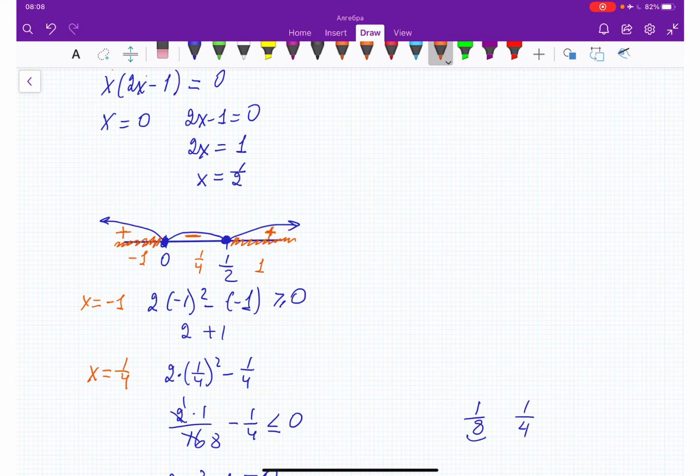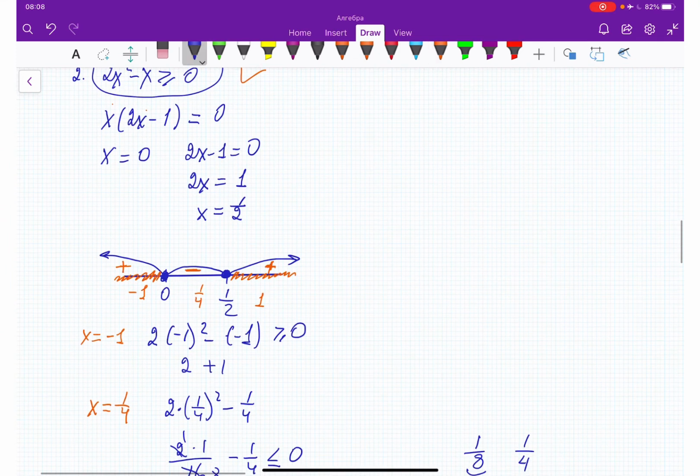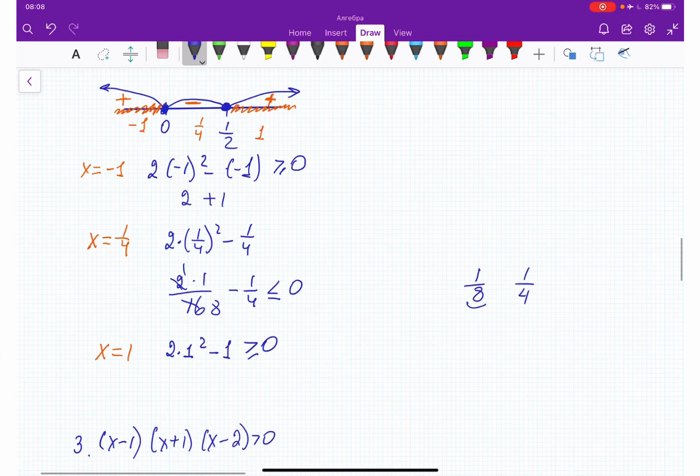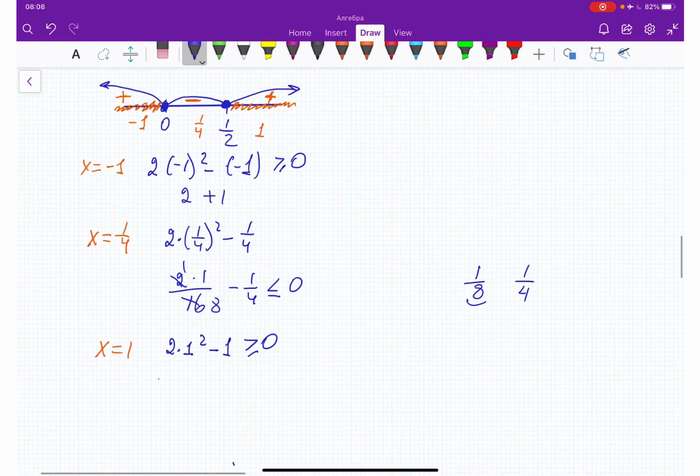This is going to be the solution. If I write it down in the format of interval, it's going to be x is less equal 0, and x is greater equal 1/2.